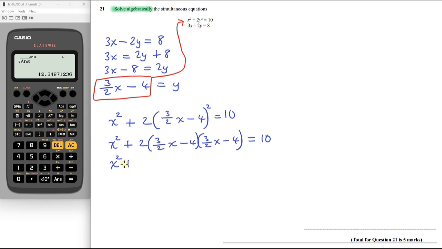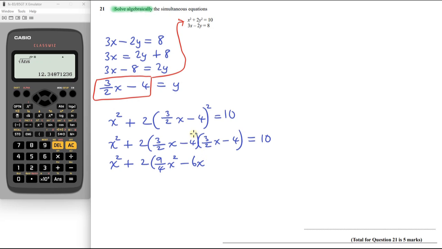So we've got x squared plus 2 times 3 over 2 times 3 over 2, well that is 9 over 4, so it's going to be 9 over 4 x squared. And then we've got 3 over 2x times negative 4, so 4 divided by 2 is 2, 2 times 3 is 6, so that's negative 6x.